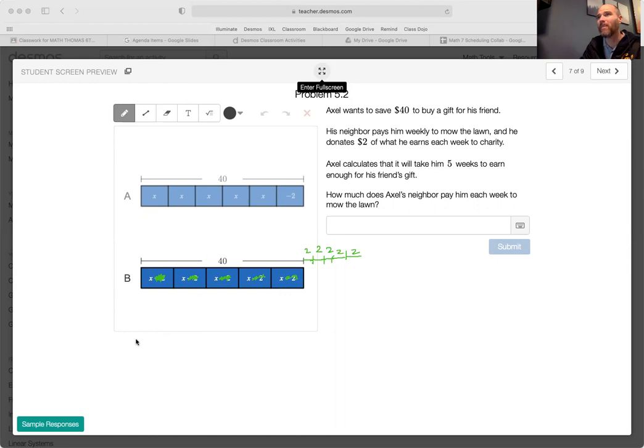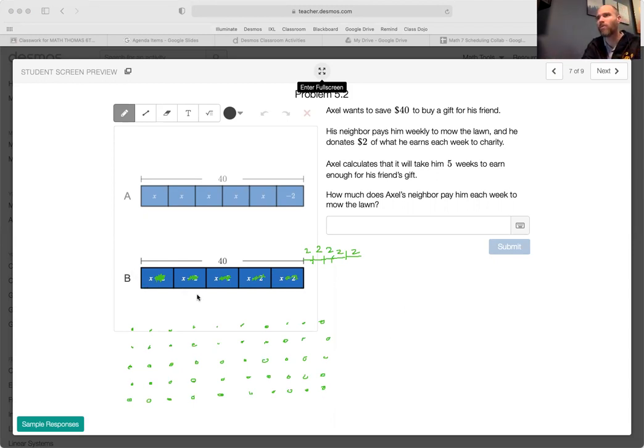So what if I made 50 little dots? 1, 2, 3, 4, 5, 6, 7, 8, 9, 10, and so on, five groups of 10. So those 50 dots represent the total $50 that he got without donating to charity.